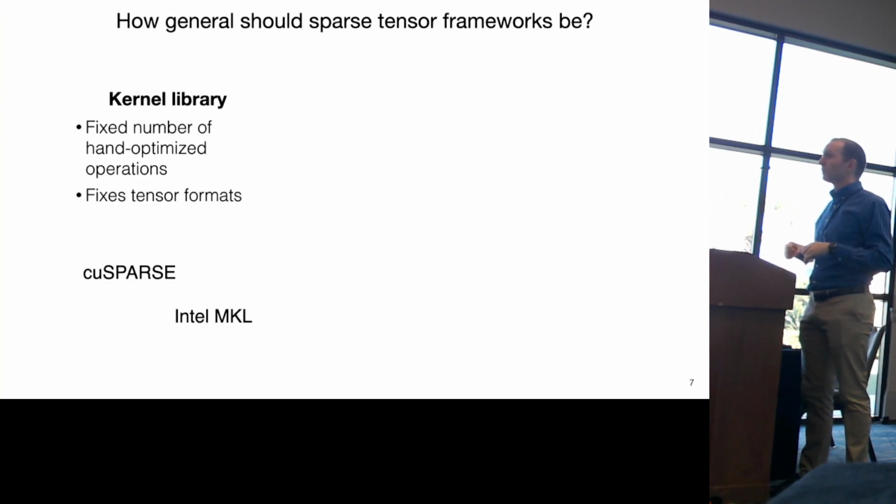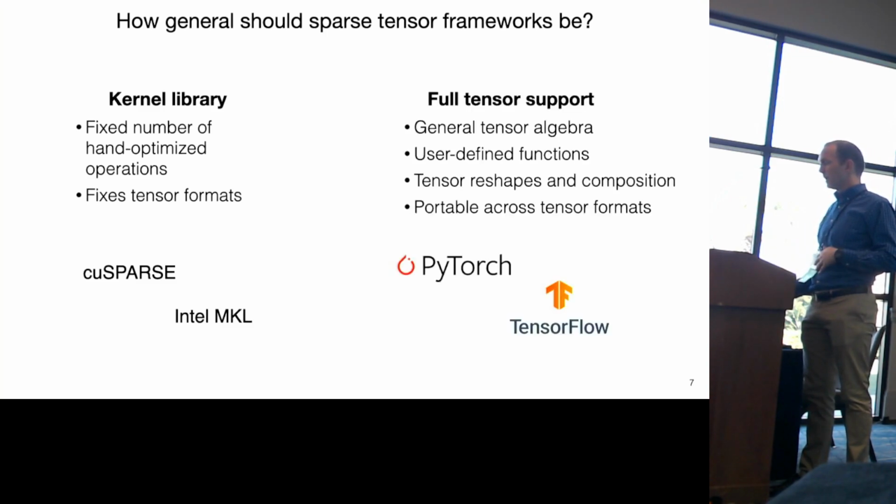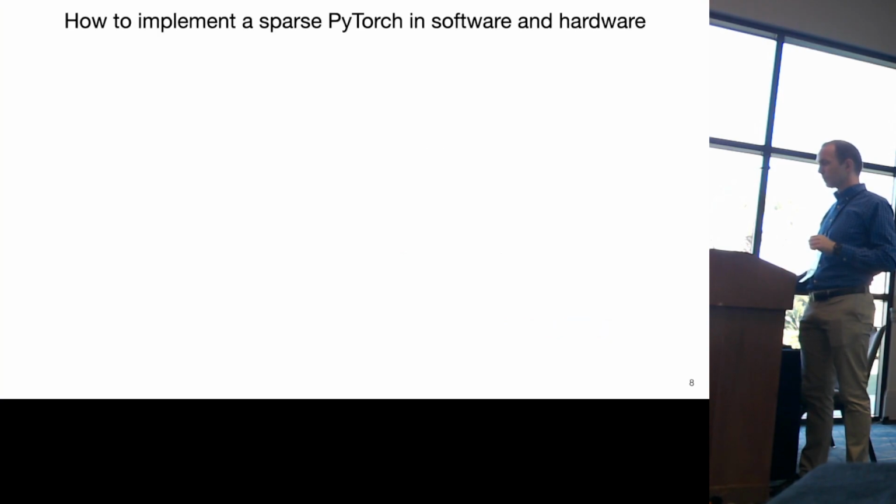And in fact, that's what TensorFlow and PyTorch are currently doing. The problem with that is that you can't implement an infinite number of hand-optimized routines, so you have to reduce everything to a few routines. And you also have to fix the formats. Whereas it'd be a more flexible world if you could do any tensor algebra expression, and you wouldn't be required to reduce your computation to a certain number of tensor algebra expressions.